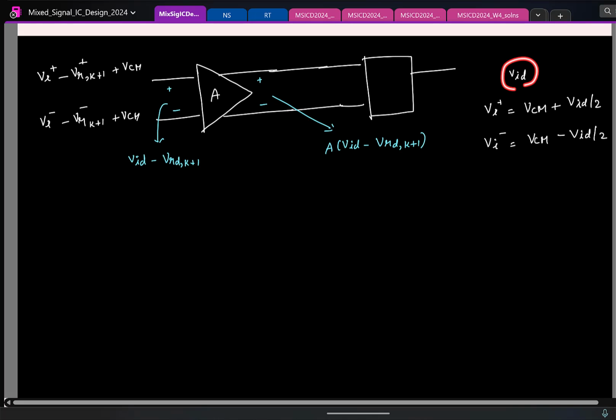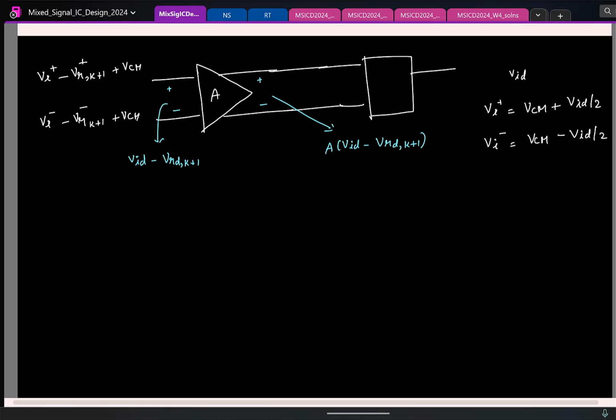If I had a differential signal, typically on the positive side I have plus half of it plus VCM. The negative side I have minus half that differential signal plus VCM. So here this is the differential signal. What will be the top side? Basically plus half of this added to a common mode. Same way in the negative.